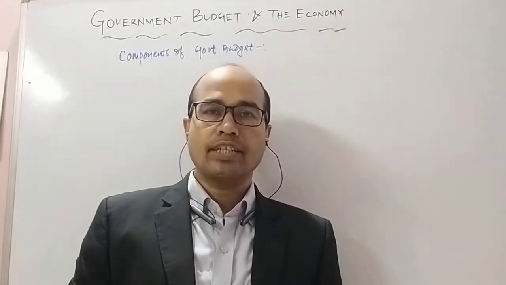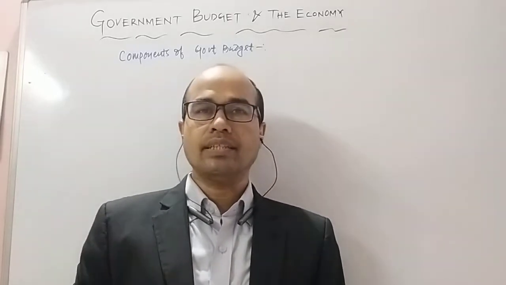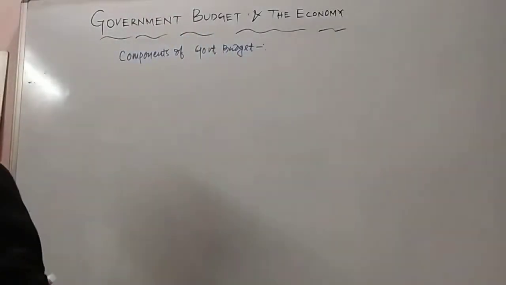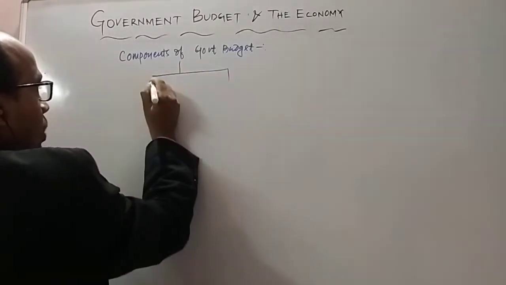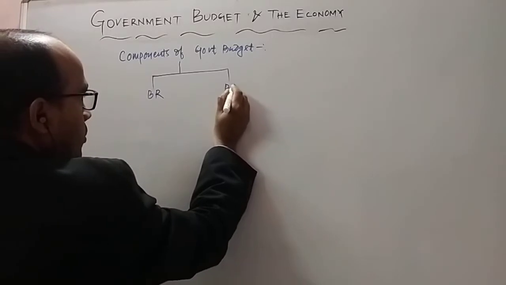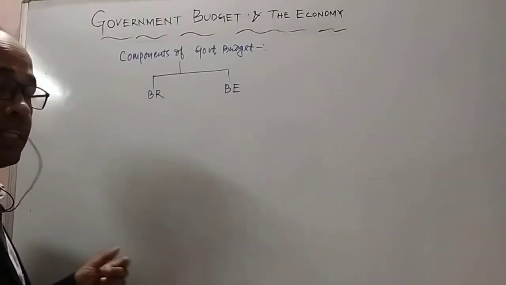In my previous class I taught you there are two components, budget receipt and budget expenditure. Yes or no? Okay. Now, what are the components of budget receipt?